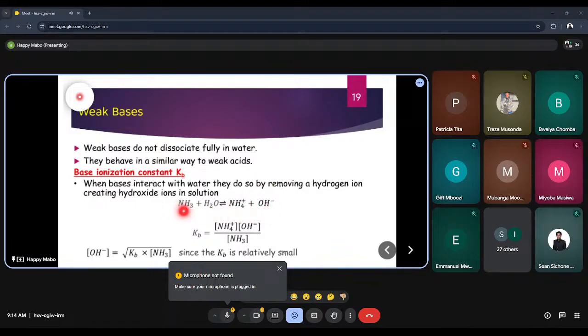So you've got your base here, your acid here, as it were. Your water simply is acting as an acid.